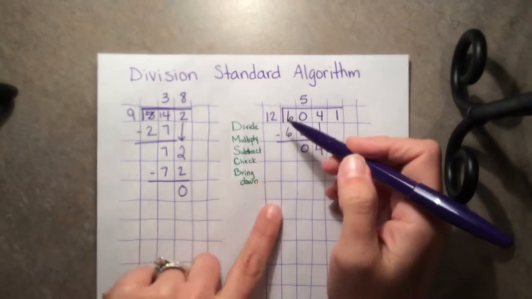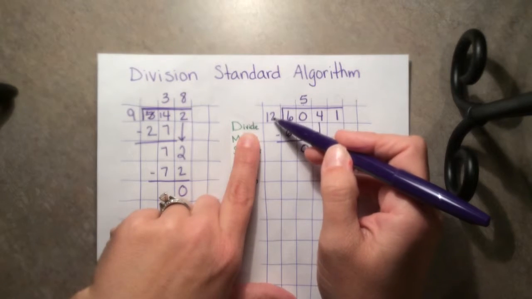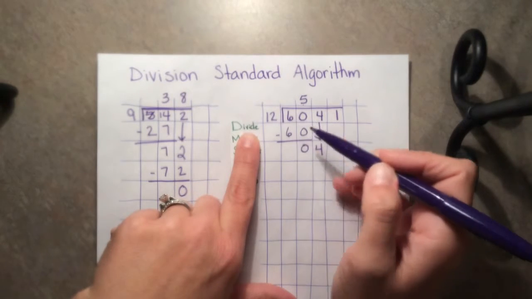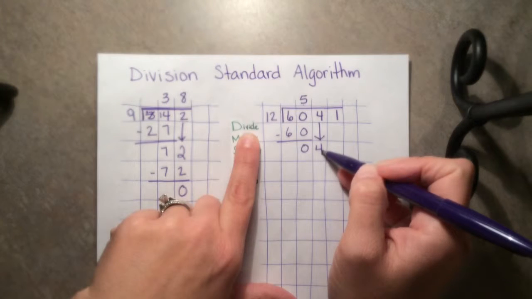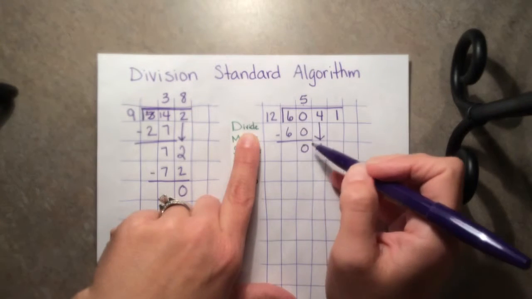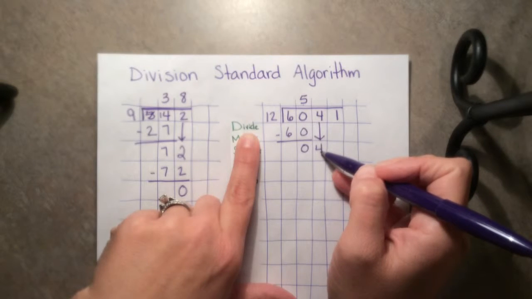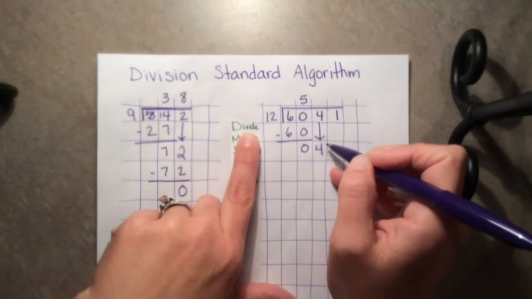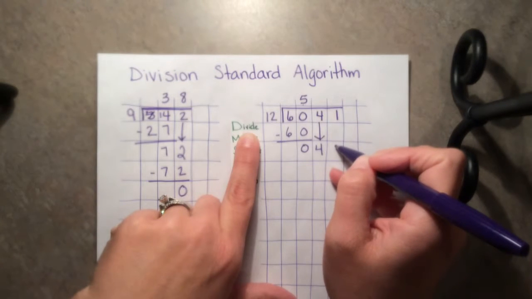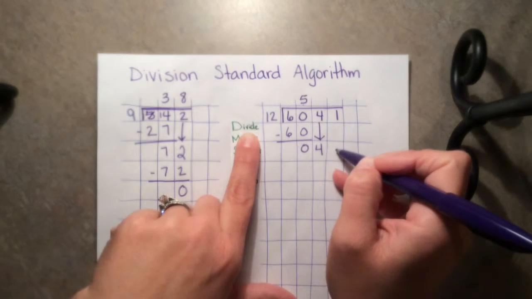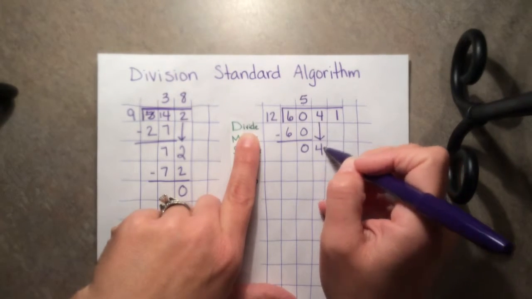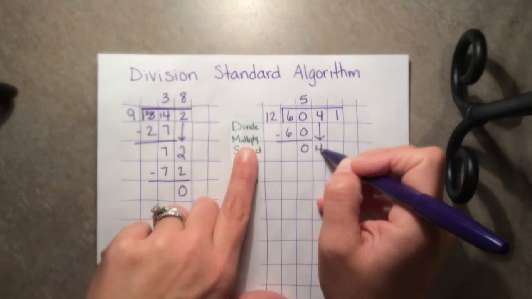I now say to myself, divide. Can 12 be made from 4? Or can I make a group of 12 out of my 4 things? That would be a no. At this point is where students would then want to bring down the 1 and make it 41. But they cannot. We need to complete this step.